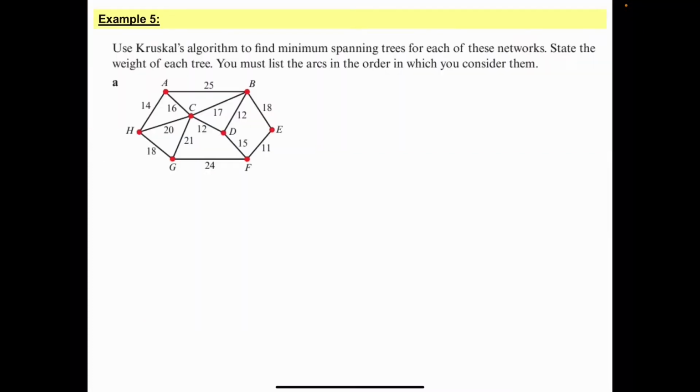Now let's look at example 5. The story is exactly the same, except I don't have the animation available for this one, so we're going to do it on our own.